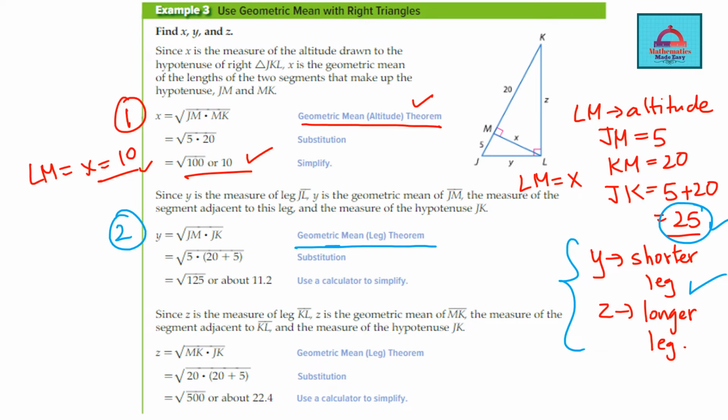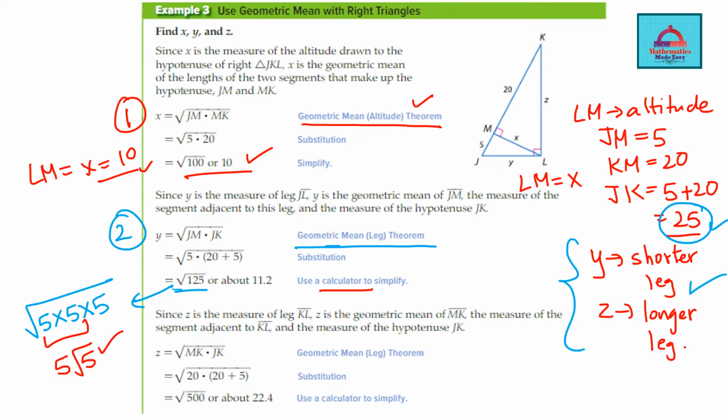So 5 multiplied with 25 is 125. If you don't have your calculator to simplify, use prime factorization: this is 5 times 5 times 5. Because it is a square root, a 5 comes out, so this is 5 square root of 5. You can leave your answer in this form if you are not having a calculator.